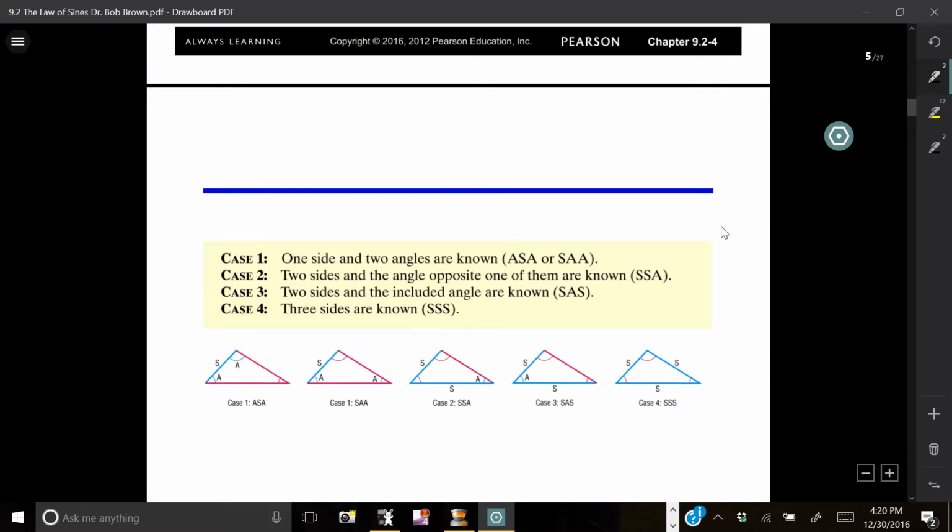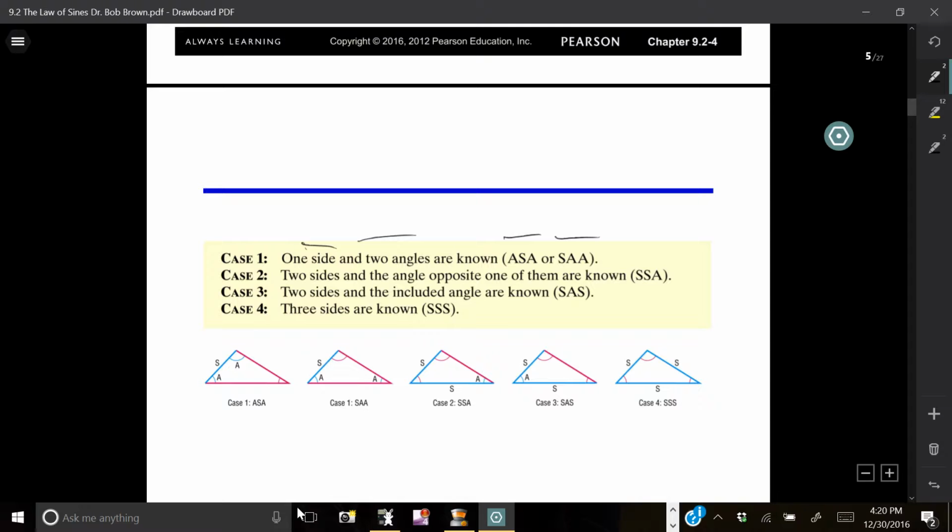We're going to be looking at several cases of solving triangles. If we're given one side and two angles, we call these problems angle side angle, or side angle angle.